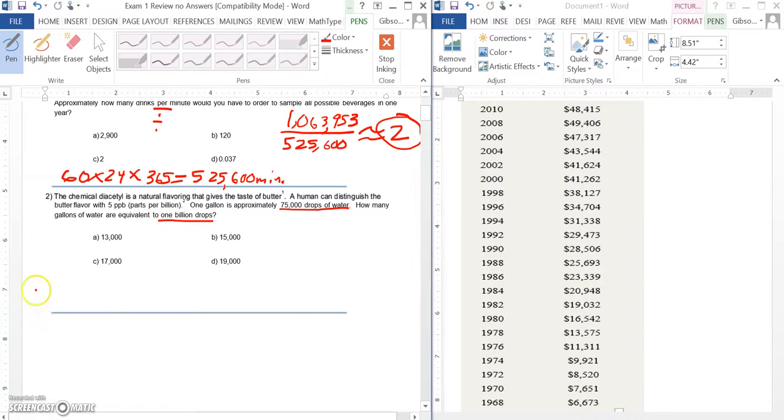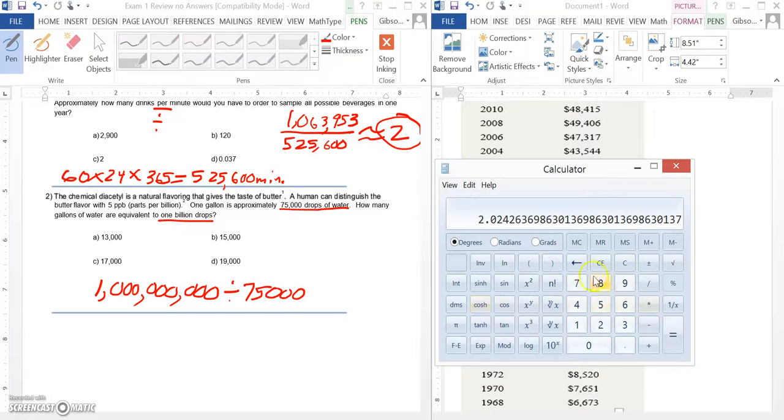So what we would do is we would take 1 billion. We know 1 billion has 9 zeros. And then we would divide it by 75,000. Now we could put this in our calculator. So we will have 1 billion divided by 75,000.